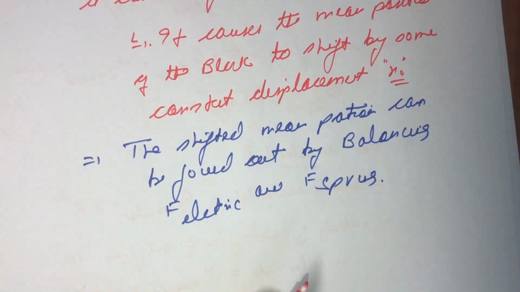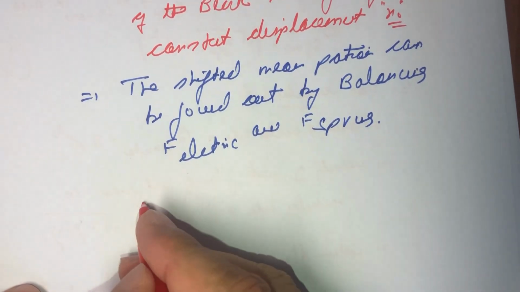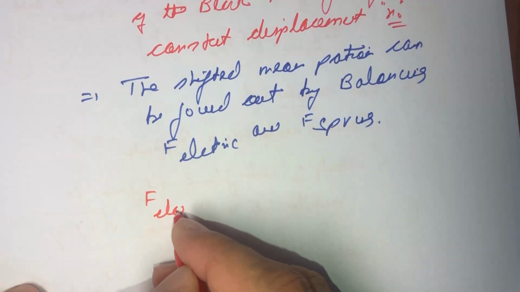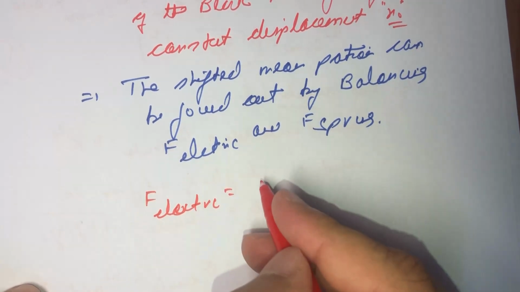Which basically means that F electric is equal to F spring.